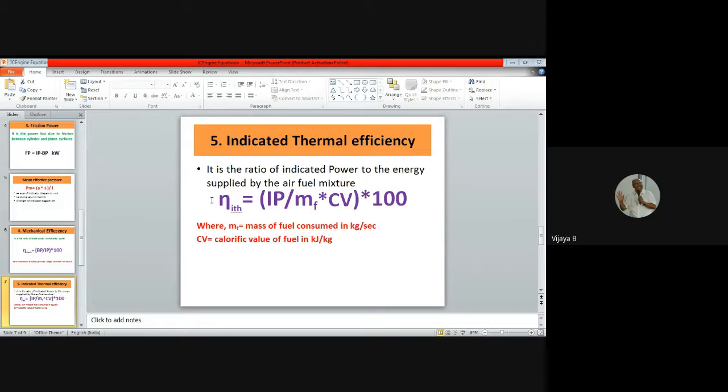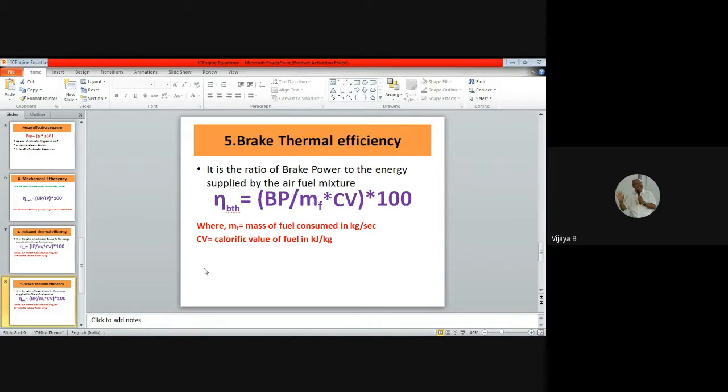Please note that mass of fuel consumed may be given in kg per hour in the problem statement, but since it is to be expressed in terms of watts, it should be converted into kg per second. That can be done by dividing the kg per hour by 3600. And of course, calorific value is expressed in terms of kilojoules per kg. If IP is replaced by BP in the same equation, then it becomes brake thermal efficiency.